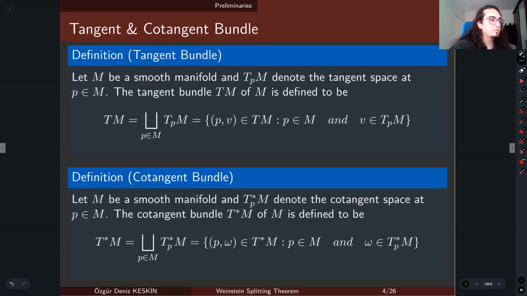As a coordinate representation, we can think like this: at a point p, we put as the second entry a vector chosen from the tangent space of p. And similarly, the cotangent bundle is defined in the same way, but we take cotangent spaces instead of tangent spaces at points.